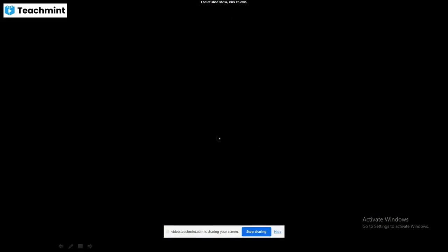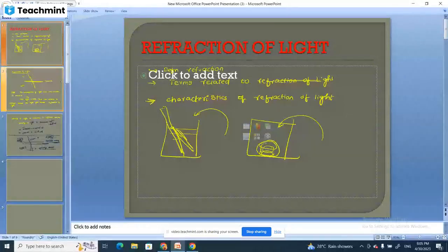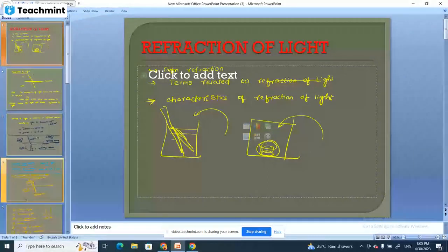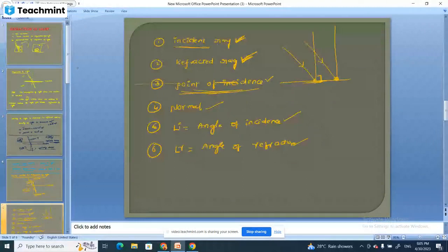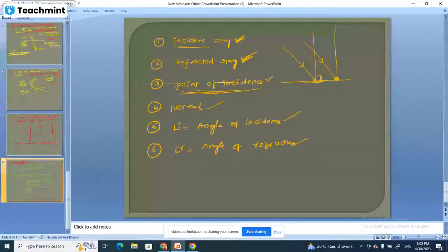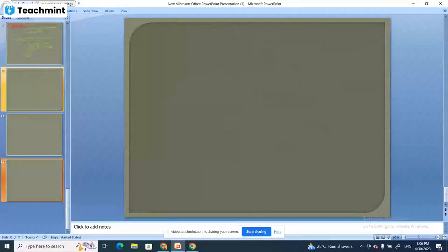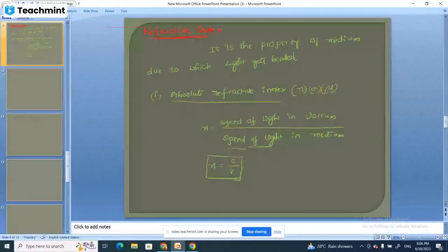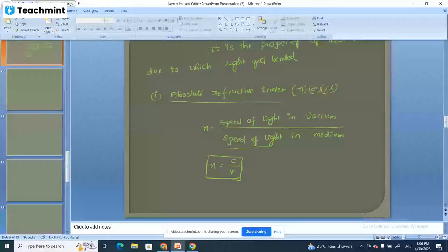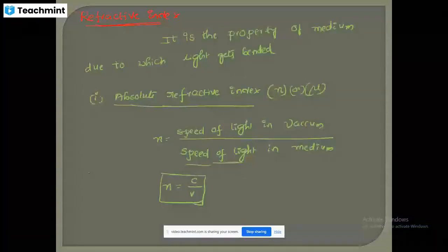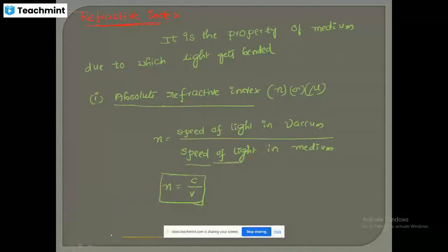Okay, next is the relative refractive index.